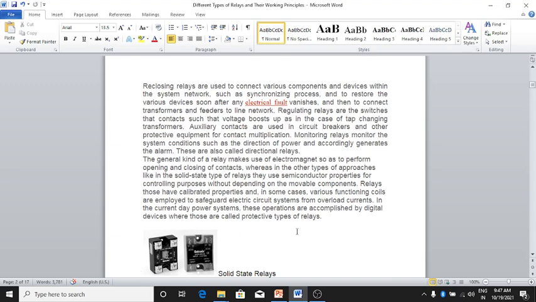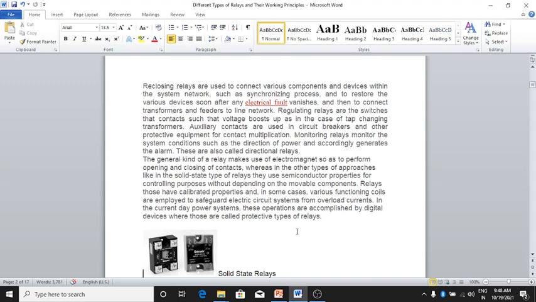Clear. And then to connect transformers and feeders to the line network. After connection, transformers and feeders to the network line are connected.